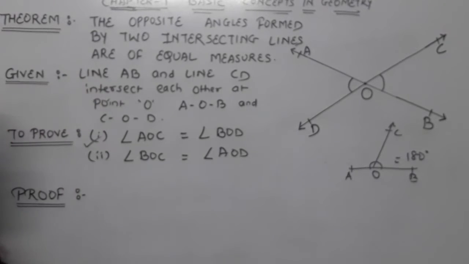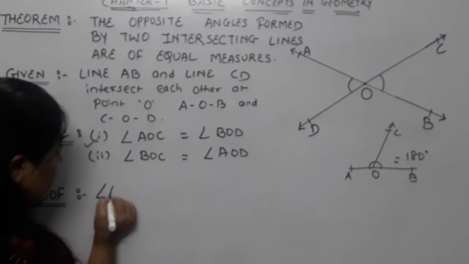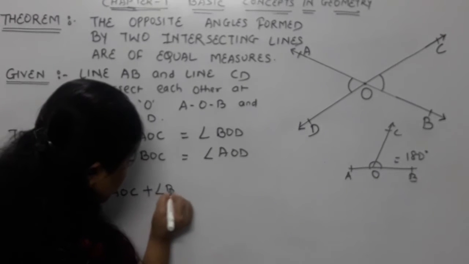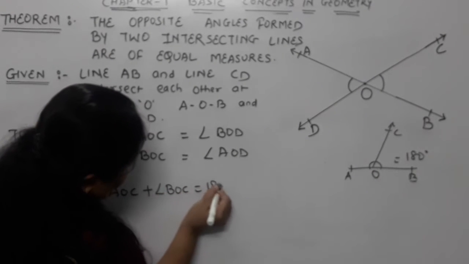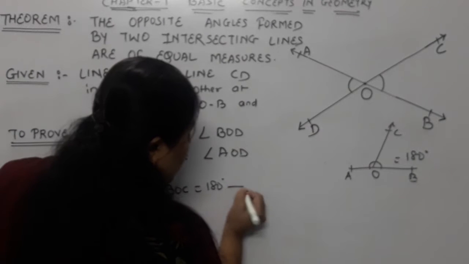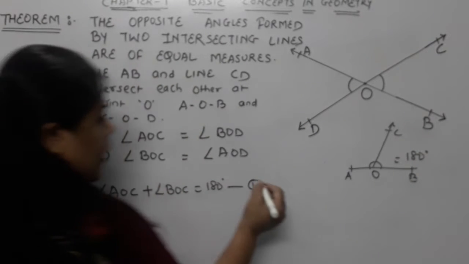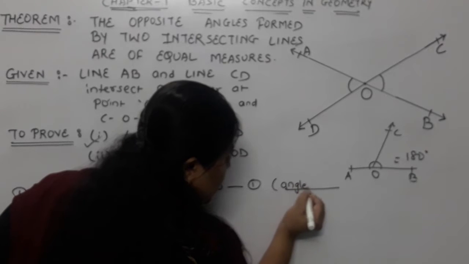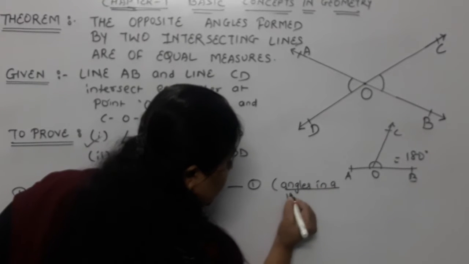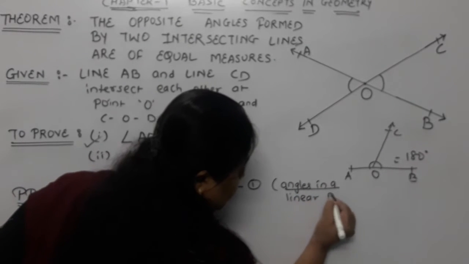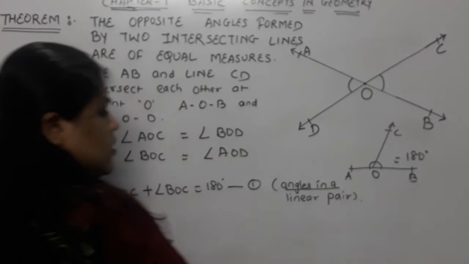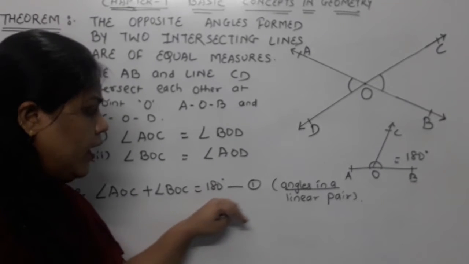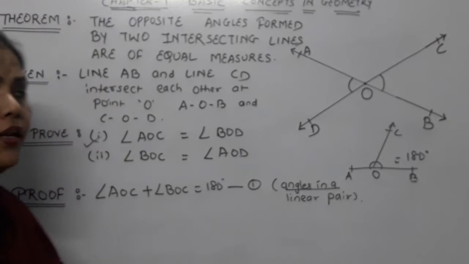So I am going to write angle AOC plus angle BOC equals 180 degrees. This will be our equation 1, and the reason for this is angles in a linear pair.